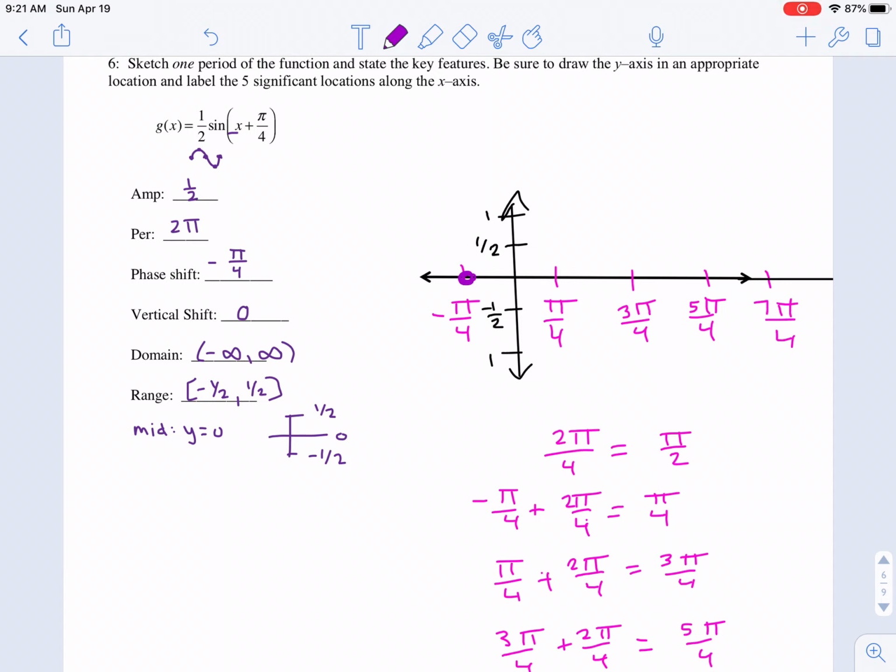And remember, I'm shifted horizontally. I have that phase shift. So I'm not starting on the y-axis. And then I'm going up to the maximum, which is 1/2, down to the midline, down to the minimum, back up to the midline. And so here is my graph.